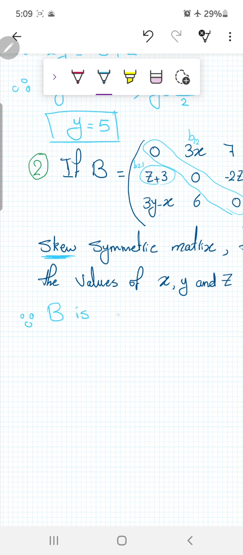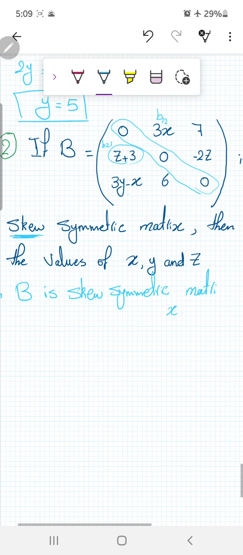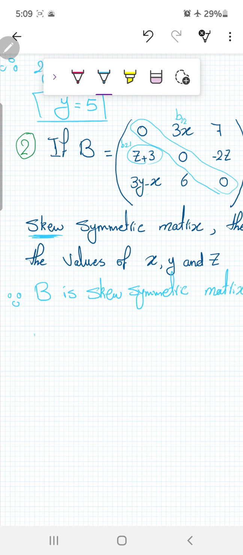First, since B is a skew symmetric matrix, we get z plus 3 equals negative x. Here we have two unknowns, so let it be number 1.